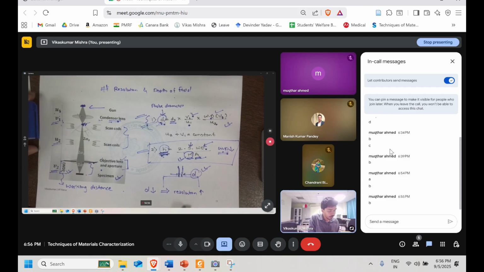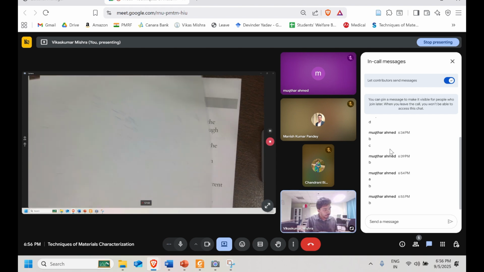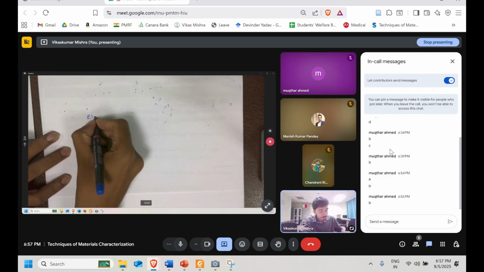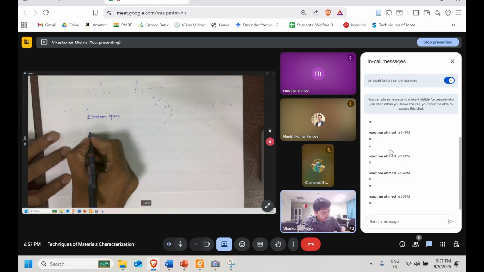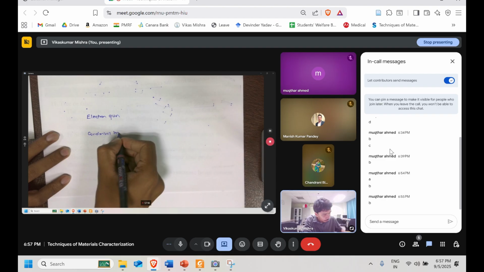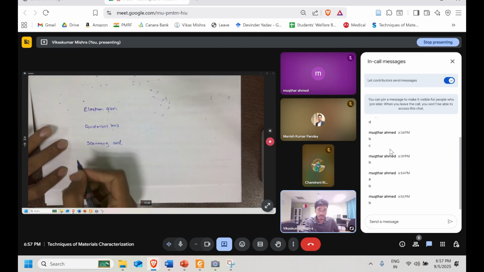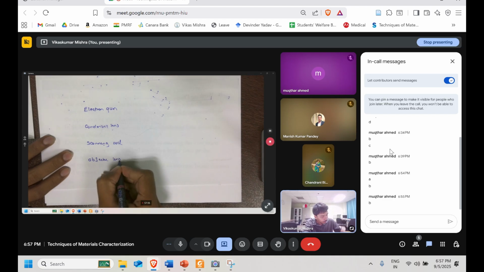The purpose of these three lenses. So what we have: electron gun, then we have condenser lens, then we have scanning coil, after that we have objective lens, and then the specimen.